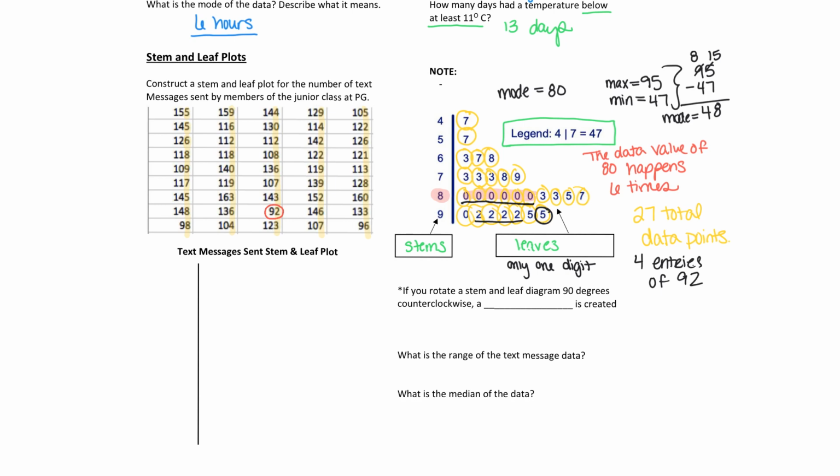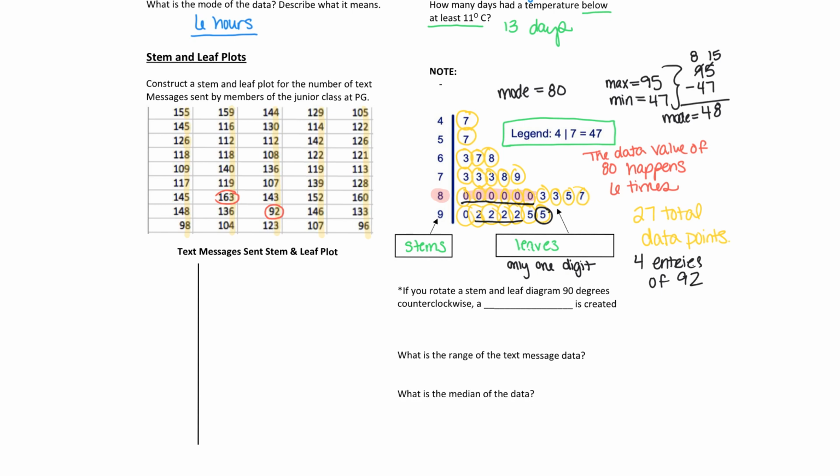I see a 159. Oh, yep, there's 160. Looks like that's the maximum right there. Or no, is there one bigger? 163, oop, that's my maximum. Luckily they have the same stem. So there's my min and max.